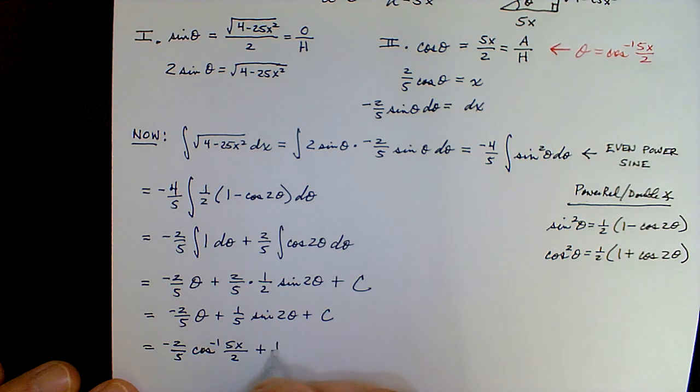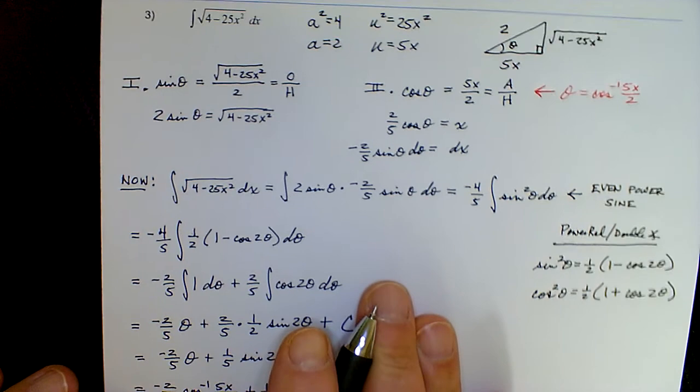And then here, we've got the sine of 2 theta. And there's no linear relationship. Like sine of 2 theta, we're only working with theta.